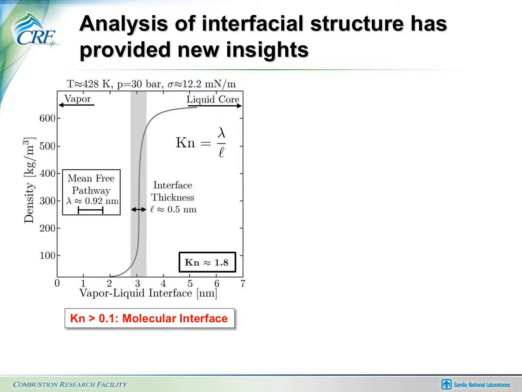The interface thickness itself is about half a nanometer. The mean free path is about 0.92. For reasons which will become apparent on the other half of this slide, that gives us a Knudsen number of 1.8. By typical wisdom or approximation, anything over about a Knudsen number of 0.1 implies that the interface itself is molecular in structure, and that's exactly what we expect.